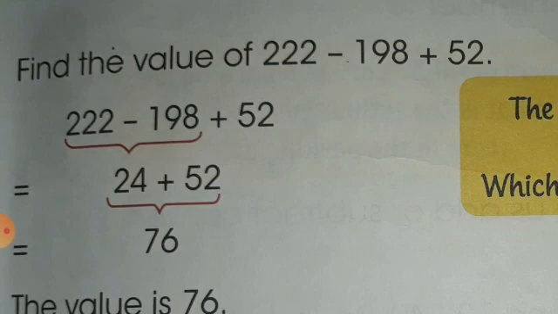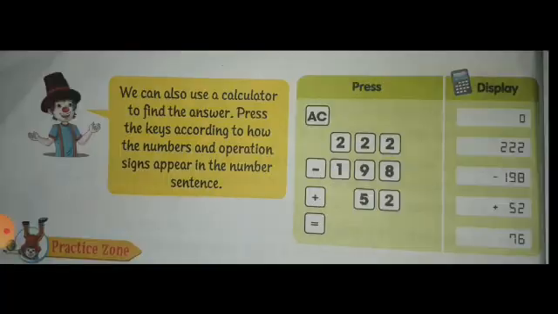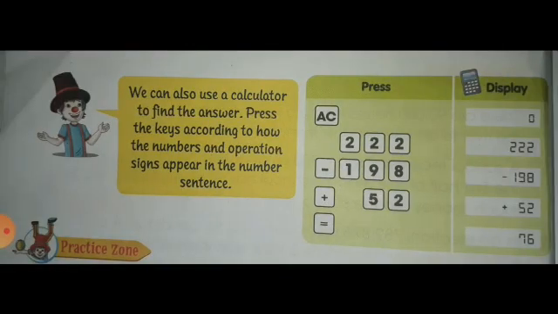We subtracted the first two figures and got 24 in the answer. Then we added the remaining number and the answer is 76. Hey, Bubbles is also telling us we can also use a calculator to find the answer. Press the keys according to how the numbers and operation signs appear in the number sentences.